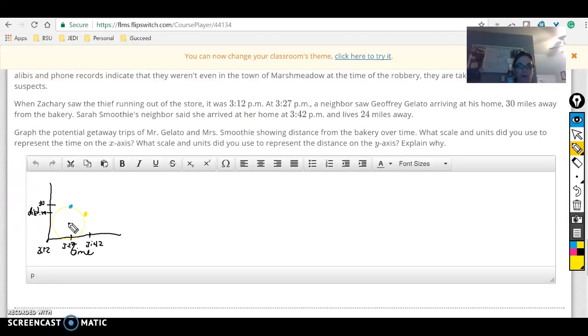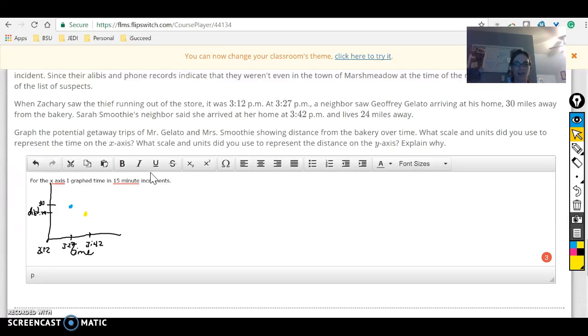So if I were typing this, which I will, I would type: what scale, so for the x-axis, I graphed time in 15-minute increments.